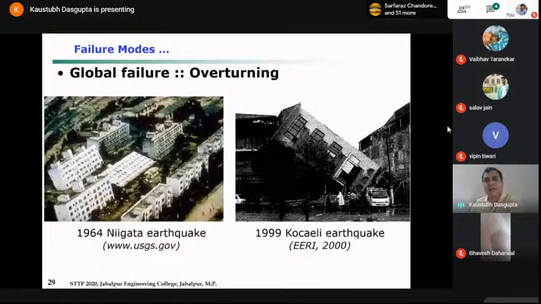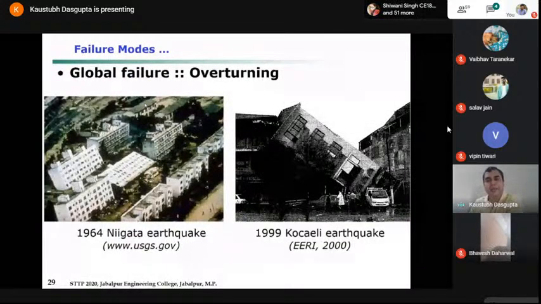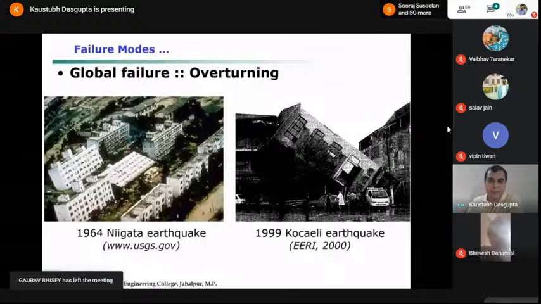And then in some cases in the past, we have seen entire buildings with walls undergoing rigid body type of rotation, as we had seen here. But whenever you see this type of failure, that means the underlying soil is the main culprit. Unless the soil has undergone something, this type of phenomenon will not be observed.